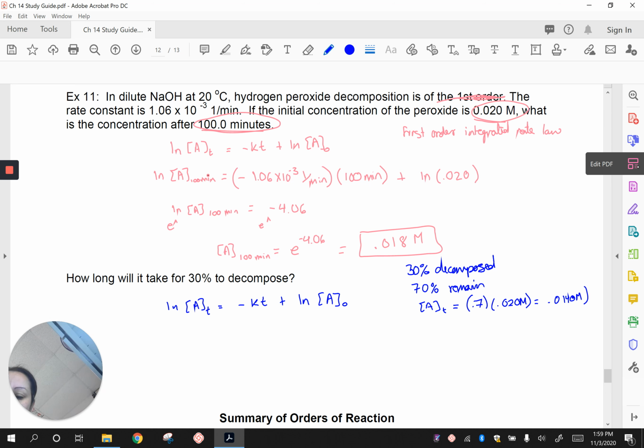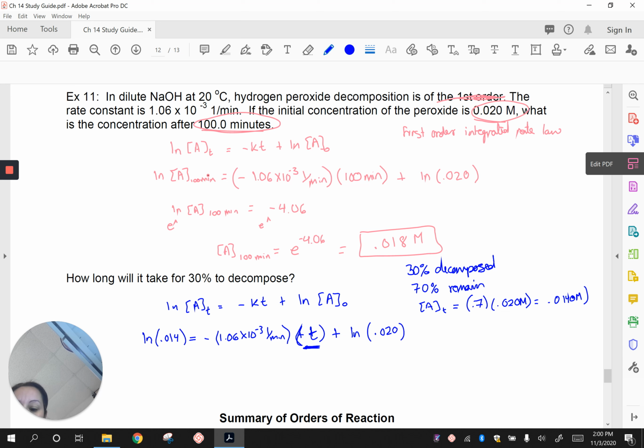So we can plug this in. So natural log of 0.014 is equal to negative K, which is 1.06 times 10 to the negative third, 1 over a minute, times T. T is what we're solving for, plus natural log of my initial concentration, which is 0.020 molar. And you can solve for T, which is this right here.